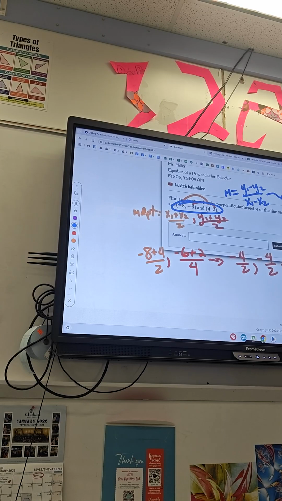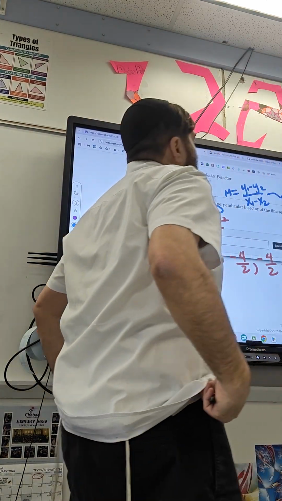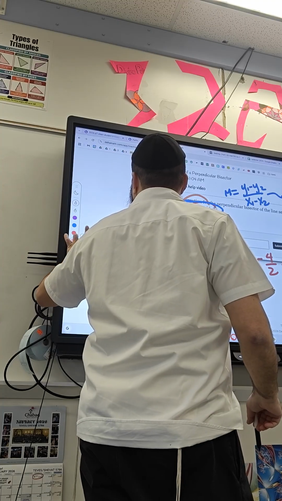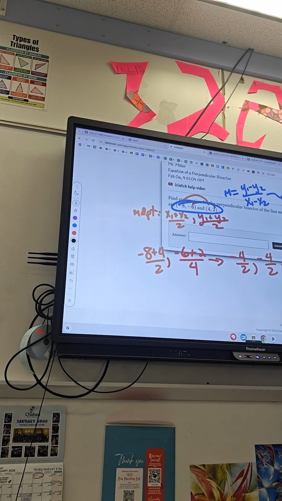That's the slope of this line, but I want one that's perpendicular to that. So I flip this fraction and change the sign: -3 over 2. This is my slope that I'm using, and this is my point that I'm using, all right?